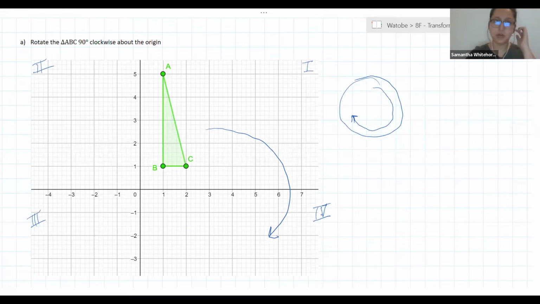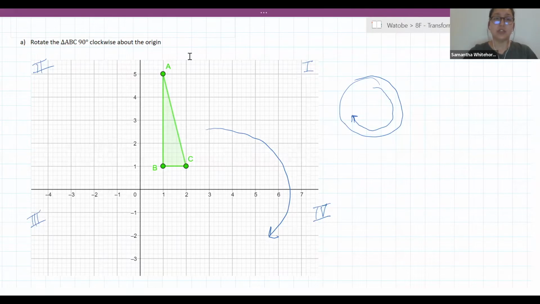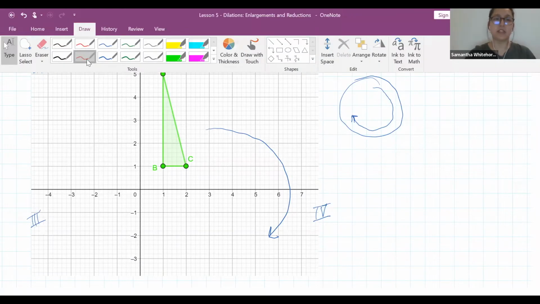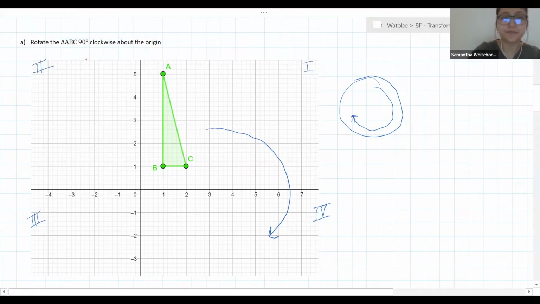Okay, now when we spoke about rotations, we spoke about the fact that there are different ways to do it, but one of the easier ways to do it is through rectangles. So if we draw a rectangle so that one of the rectangle's vertices is one of the points on the shape I'm trying to rotate, we can rotate the rectangle, because my center of rotation is the origin.